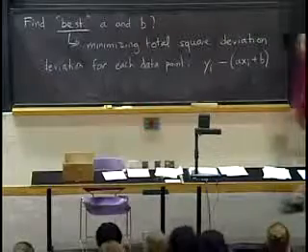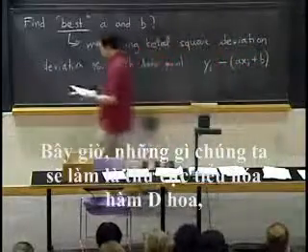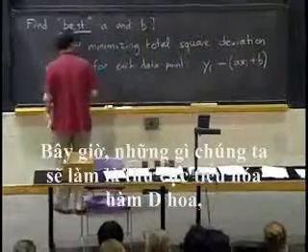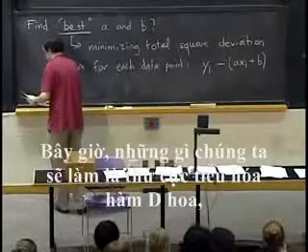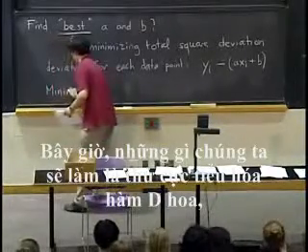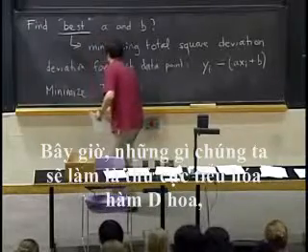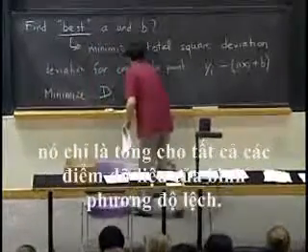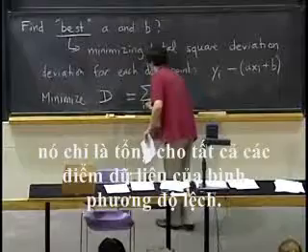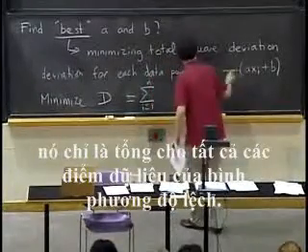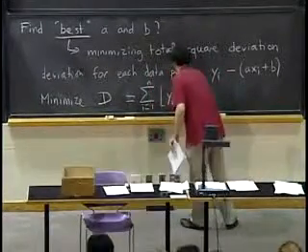Okay. So now, what we'll do is we'll try to minimize the function capital D, which is just the sum over all the data points of the square of the deviation.